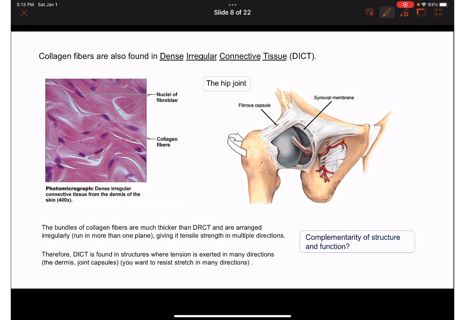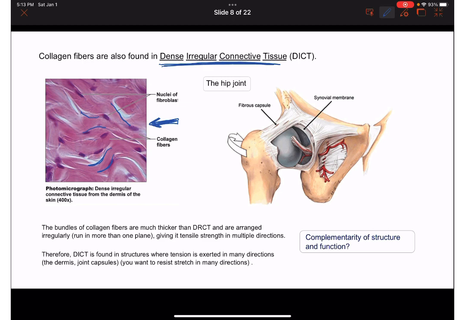We also find an abundance of collagen fibers in dense irregular connective tissue. And this is dense irregular connective tissue. And all of these big, thick bands are all bands of collagen. But what's different about dense regular connective tissue and what we're seeing here, dense irregular connective tissue? What's different about those collagen fibers?